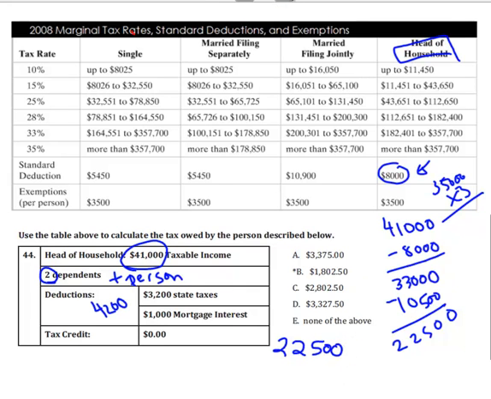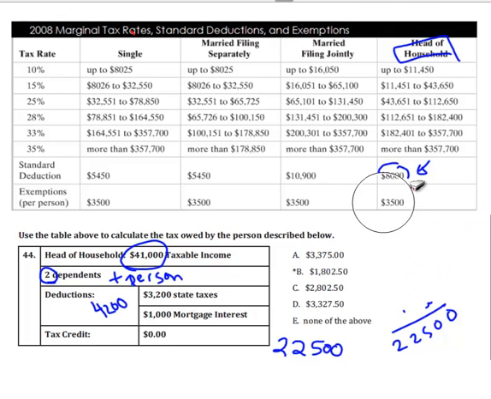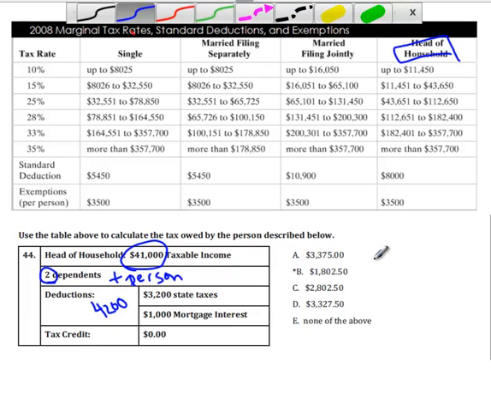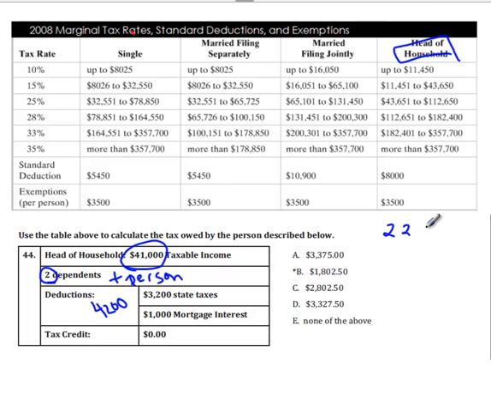All right, so now we have to calculate that tax on that $22,500. The first amount up to $11,450 is at 10%. And then we're going to have to pay on the other amount, $11,050, 15%.